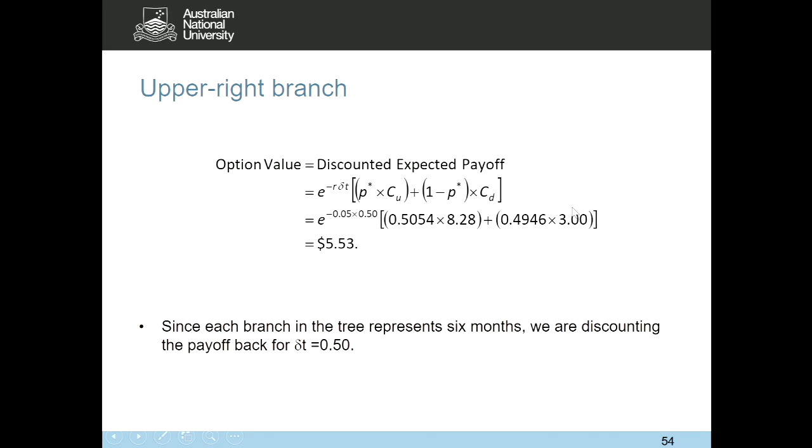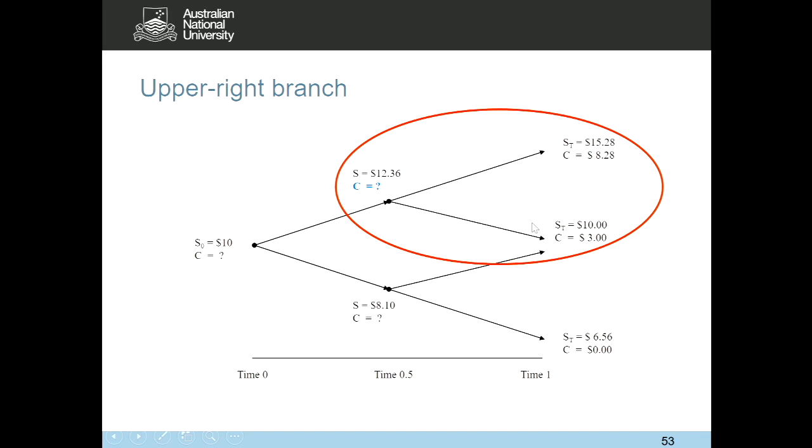All right? So that would give us an expected payoff 6 months from today. But I'm standing here thinking that 6 months ahead, right? So the next thing I need to do is discount that expected payoff from the terminal point back 6 months.